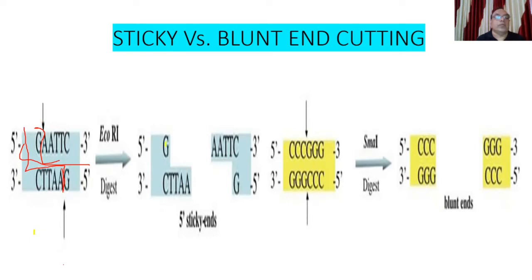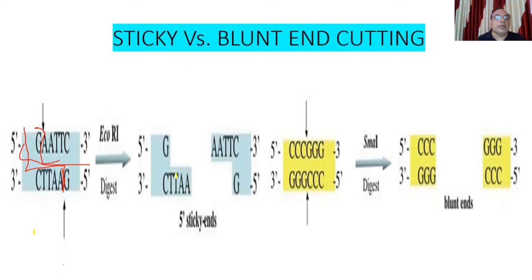So the result will be GCTTAA and GCTTA. So TTAA in this case and TTAA in this case remains unpaired.